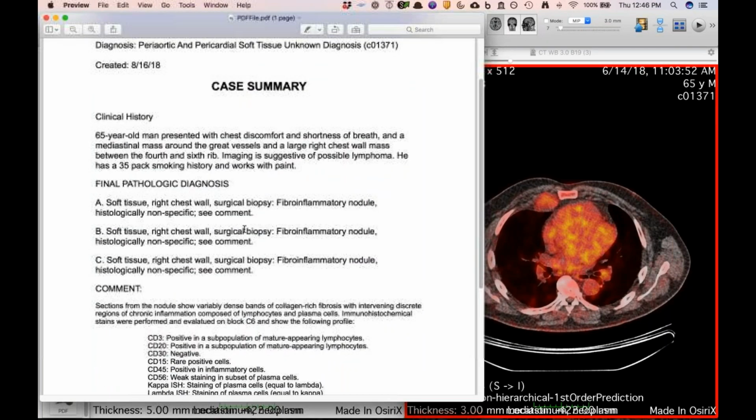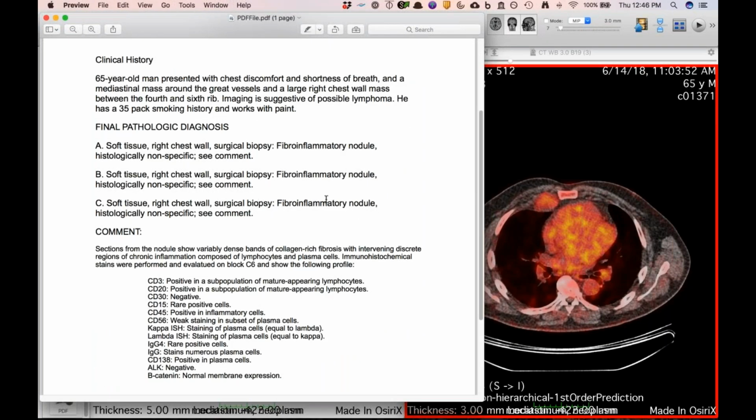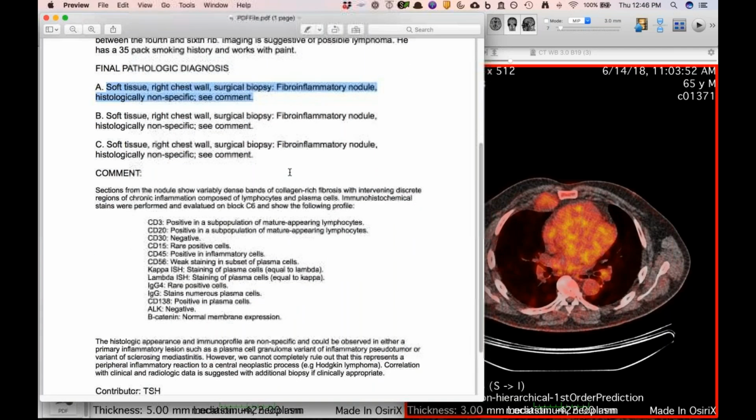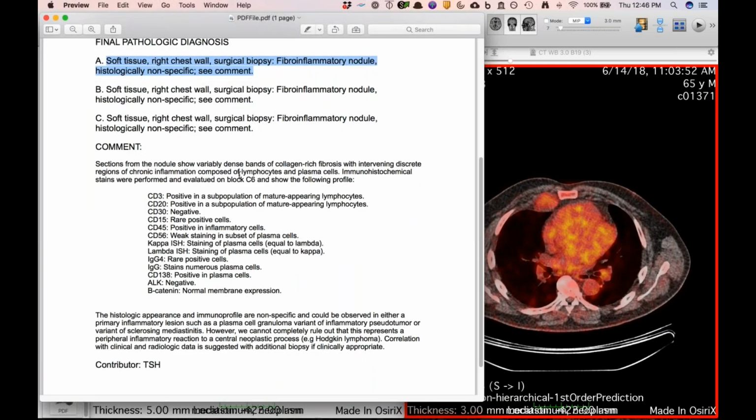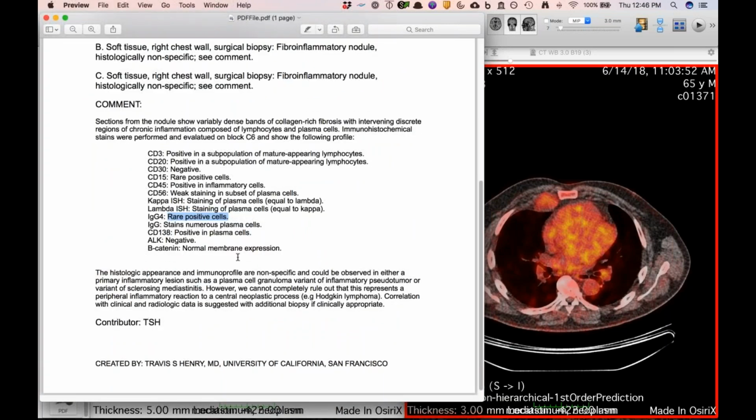They did an excisional biopsy, about a 2-centimeter chunk of that right internal mammary soft tissue mass. All they got was a bunch of collagen and this fibroinflammatory stuff. We even specifically raised the possibility of IgG4, with only rare positive cells, as you can see here. And so the jury is still out on what this is.